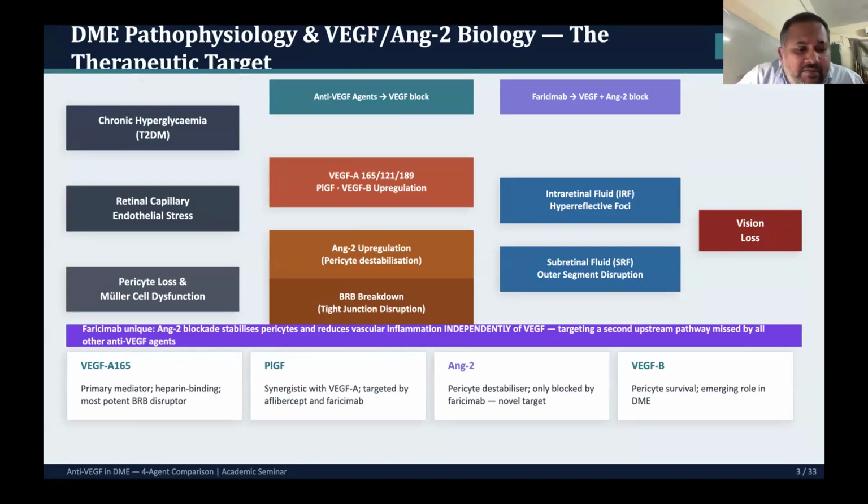This involves the following agents: VEGF-A, the primary mediator and the most potent blood retinal barrier disruptor; placental growth factor, which works synergistically with VEGF-A and is targeted by some of the molecules as well; Ang-2, a vascular stabilizer blocked by faricimab, which is a novel target; and VEGF-B, which has more of an emerging role in diabetic macular edema and plays a role in pericyte survival.